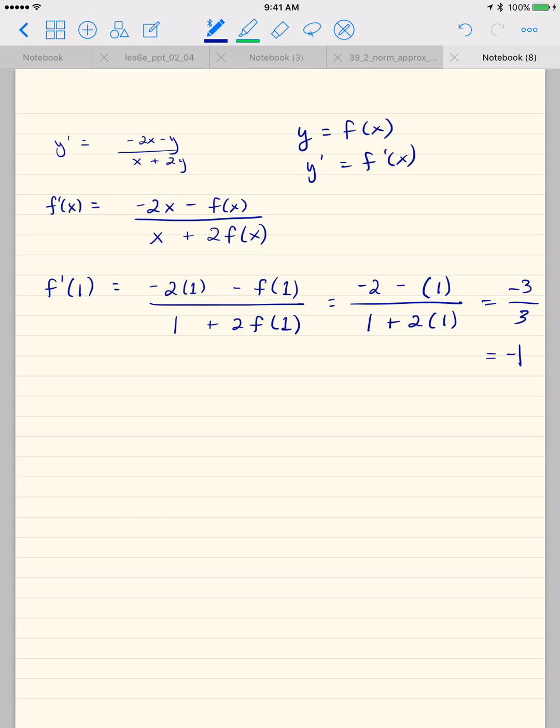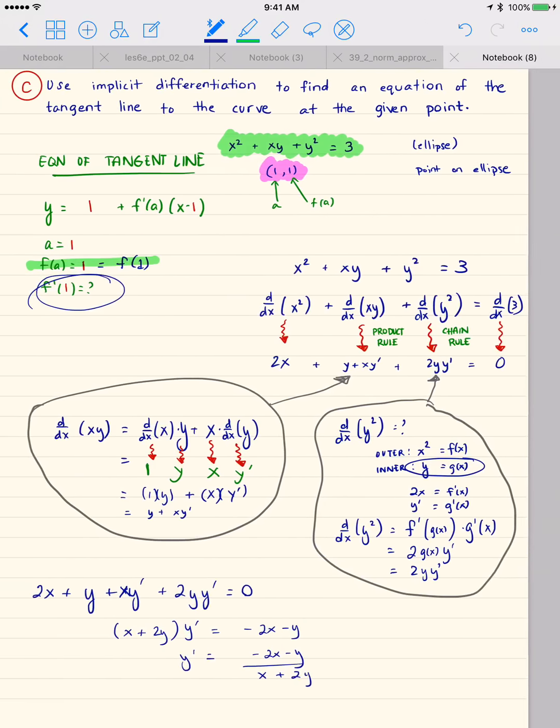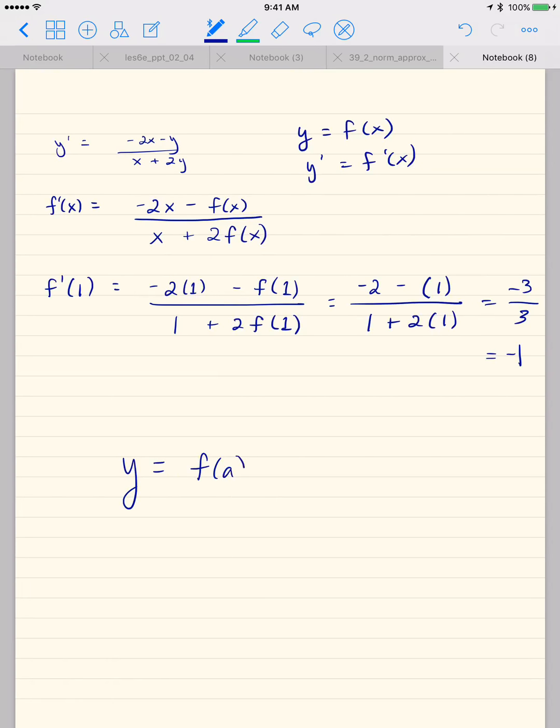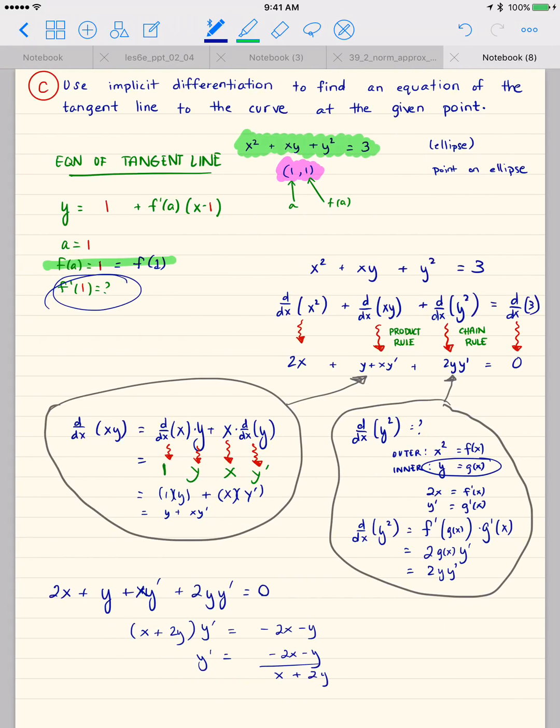Okay. So our final answer is going to be y equals f of a. Didn't we say f of a plus f prime of a, x minus a? And a equals 1.